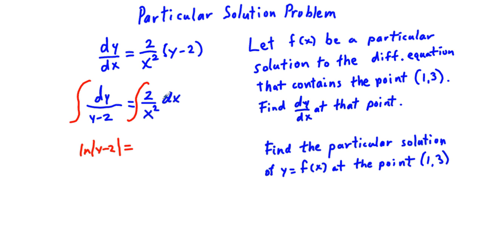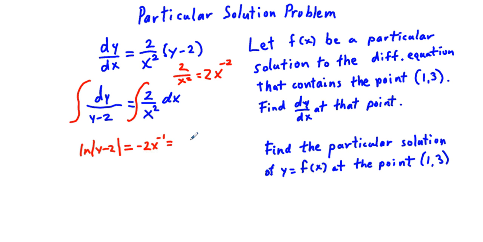And on the right side here, we're going to have the integral of 2 over x squared, which equals 2x to the negative 2 power. Taking the integral of this, we raise the power by 1, so we get 2x to the negative 1 power, and we divide by what we raised to, which was negative 1, which makes this negative.